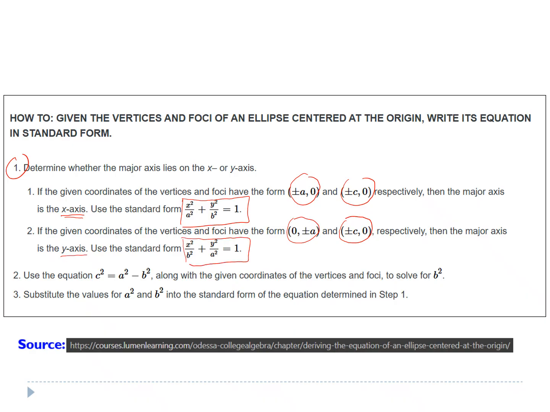And again we have to use this equation because a, b, and c are related to it. Use the given coordinates of the vertices and foci to solve for b squared. Then substitute the values of a squared and b squared into the standard form of the equation determined in step 1. So this is our step 1.